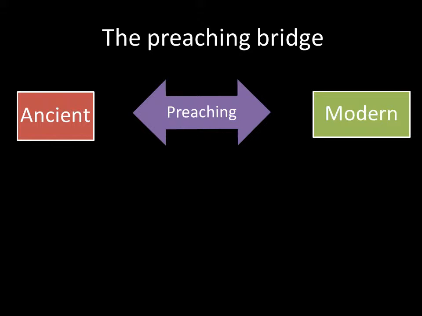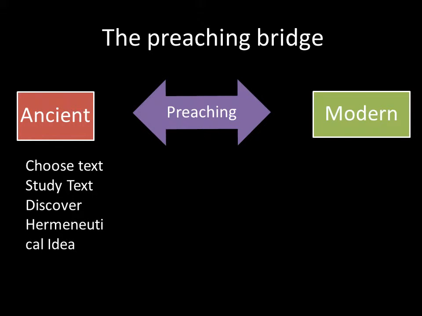Now, we're going to be looking at the sermon in three stages. The first stage is to investigate the ancient world, which means that we will be choosing a text, we will be studying that text, and we will be discovering the hermeneutical idea of that text, which we've discussed in the other lecture.